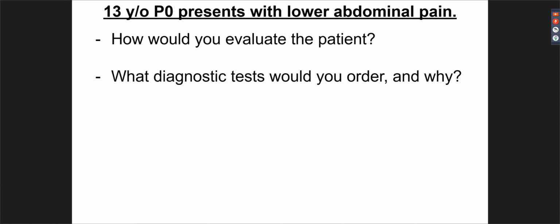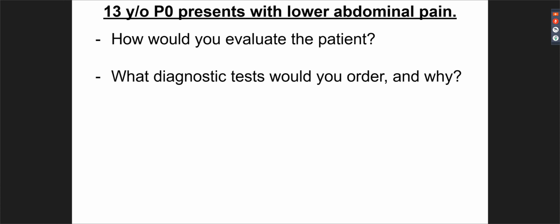I will also do CMP, which will help in case she has vomiting, to look at the lytes. Type and screen will be done as well. Why would you do a type and screen? I wouldn't know if she's pregnant and having an ectopic pregnancy, so in case I have to take her to the OR, I'll have to be proactive. I will get the type and screen.